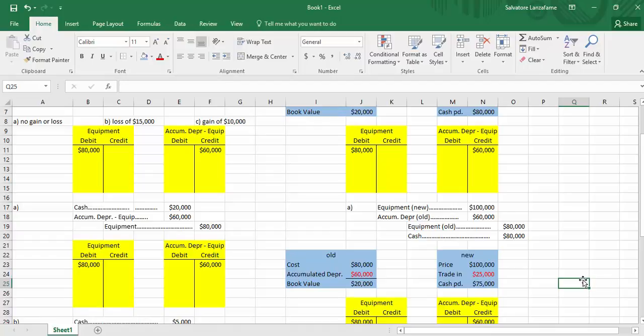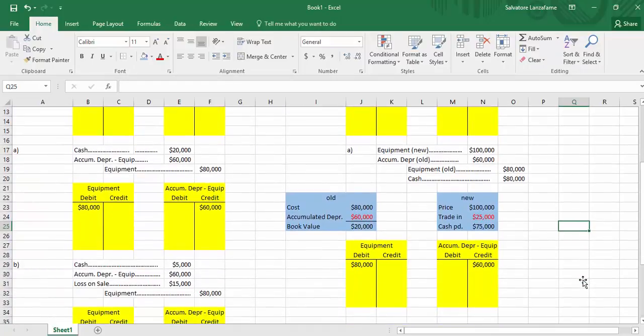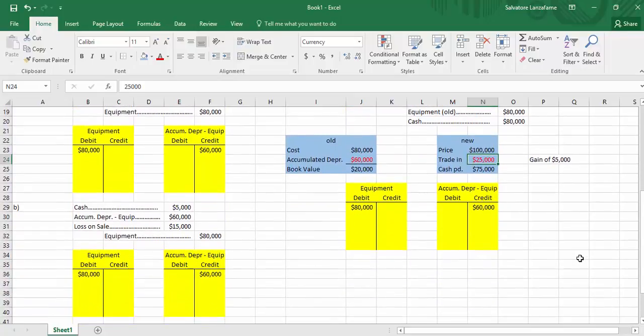So that means if we're getting 25,000, we have a gain, and we only have to come up with 75,000. So this scenario, we have a gain of $5,000. How am I getting that gain? I'm taking the 25 that we're getting for it, and it's only worth 20. So 25 minus 20, that's how I have that gain.